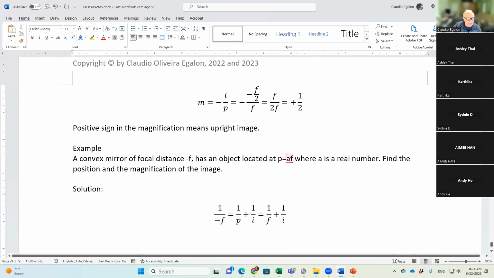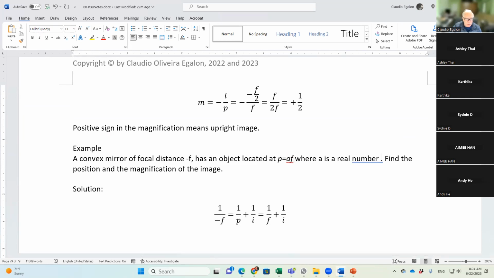I'm writing down the position of the object in terms of the focal distance. A can be either a number less than 1 or greater than 1. It's a real number greater than 0.